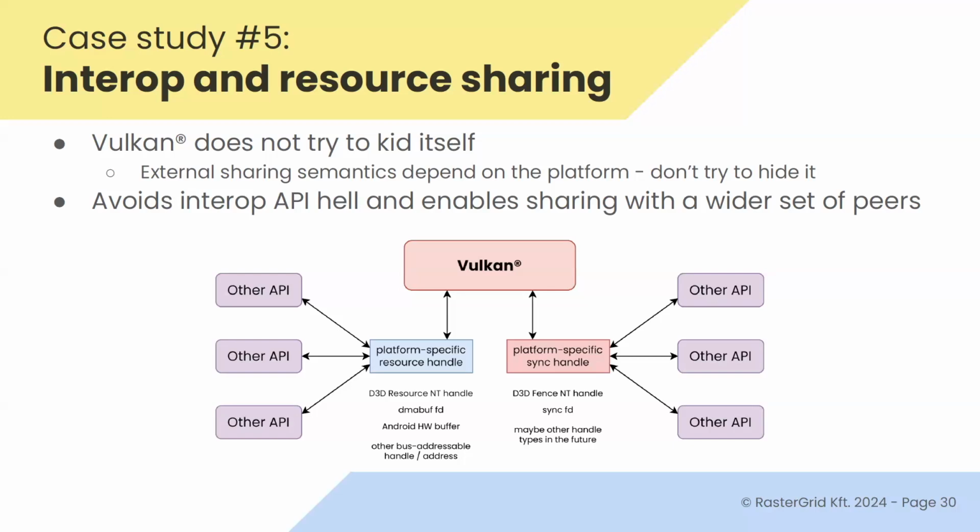The important thing here though is that there is no API interop problem. You get the platform handle, and then any other API, even an API that doesn't know about Vulkan, is able to import that data, that synchronization primitive, according to the platform semantics.